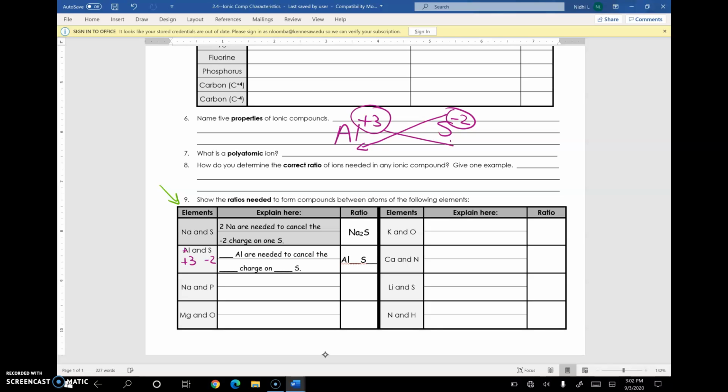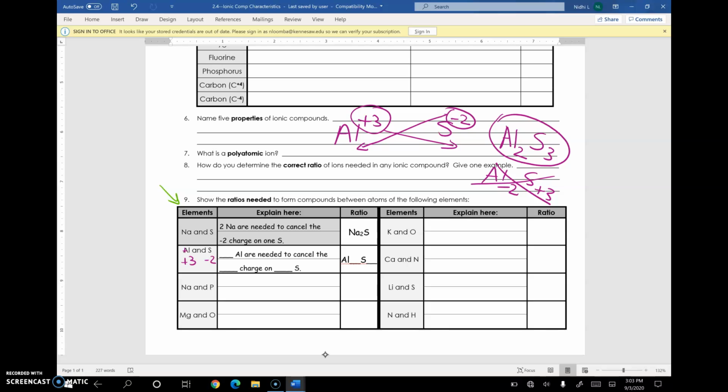Okay. All right, so you will have a neutral formula without any charges. So aluminum is going to get that 2 from the sulfur without the sign. We're not going to put negative. We're not going to do this: Al -2 and S +3. No, this is wrong. Aluminum is going to get that 2. Sulfur is going to get the 3. This is what we're looking for.